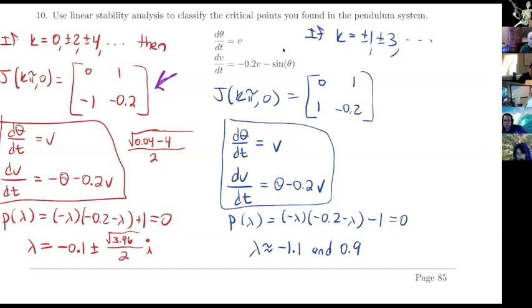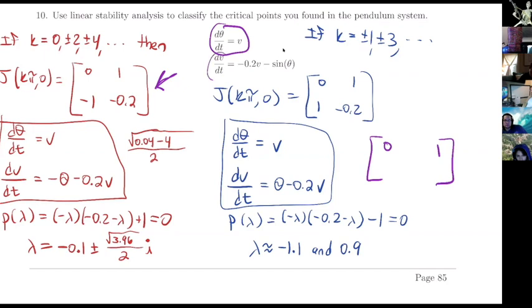Yeah, I did that, and I put in pi and 0, and I got a sink, and it shouldn't have been a sink. Yeah, so the partial derivatives for this, I don't know if I wrote out the general Jacobian, but we would take the derivative of that with respect to theta, which is going to be 0, and then the derivative of that with respect to v, which would give us 1.